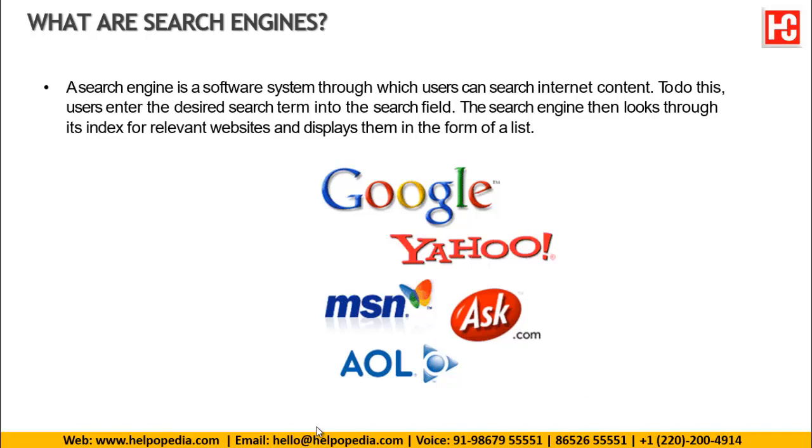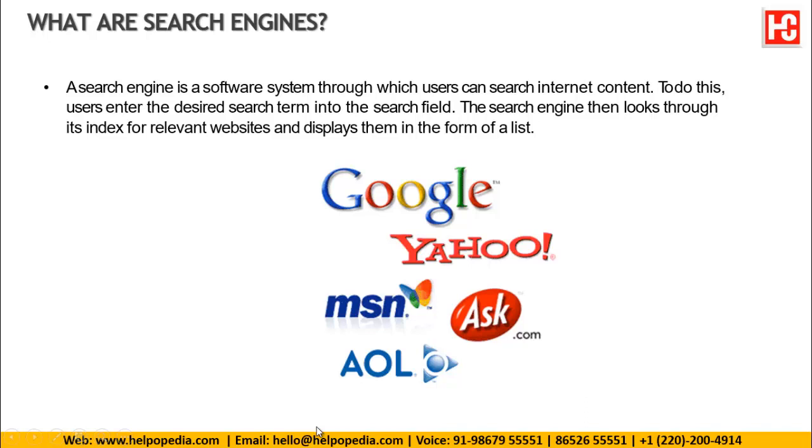A search engine is a software system with which users can search internet content. Whatever we search in Google or any search engine, we get some desired results. We enter desired search terms into the search field, and the search engine looks through its index, that is its database, and shows us the relevant websites.